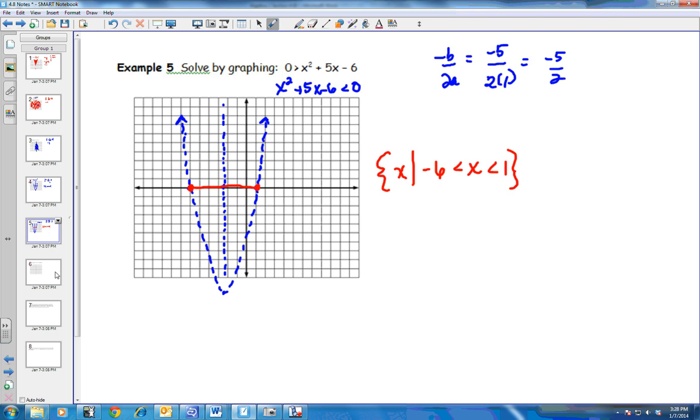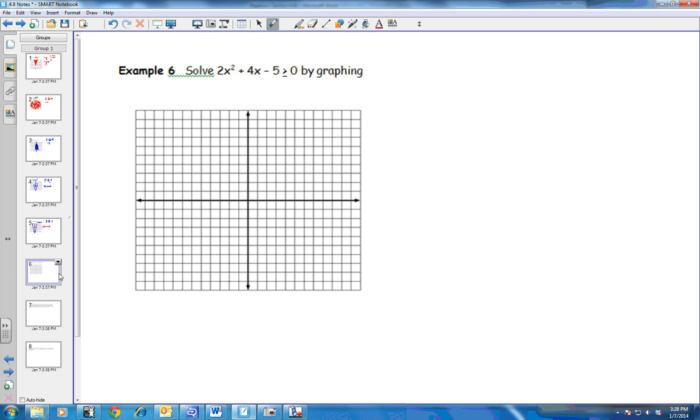Okay, example 6. I'm going to solve by graphing again. So let's find our vertex, or our axis of symmetry. -b, so -4 over 2 times a. So that's -4/4, -1. So my axis of symmetry is -1.